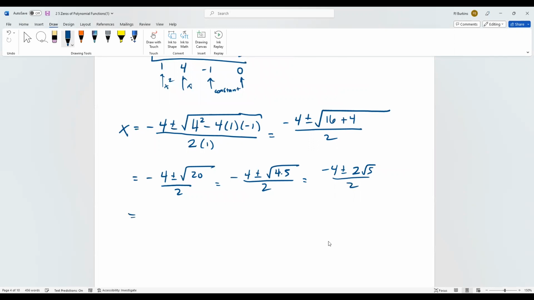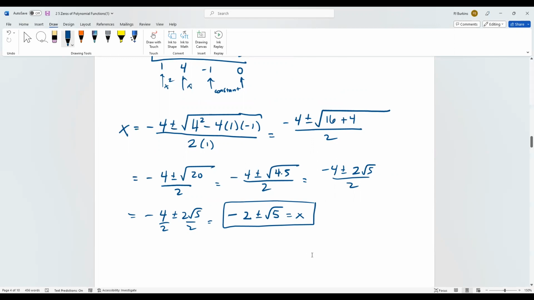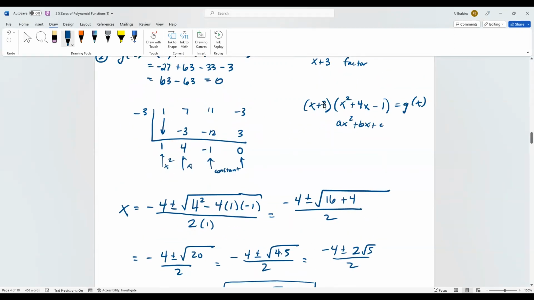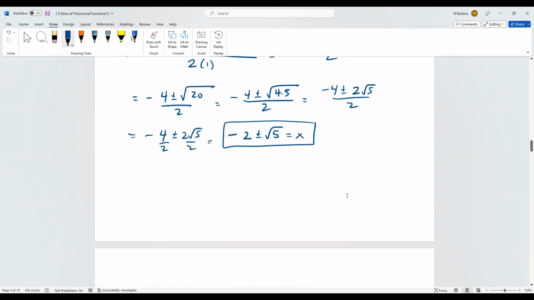And then finally simplifying, we get -4 plus or minus 2 root 5, each of these divided by 2, which is -2 plus or minus root 5. So these are our other two potential roots: -2 plus root 5, -2 minus root 5. The other comes from x plus 3, which we already solved for, and that was x equals -3.